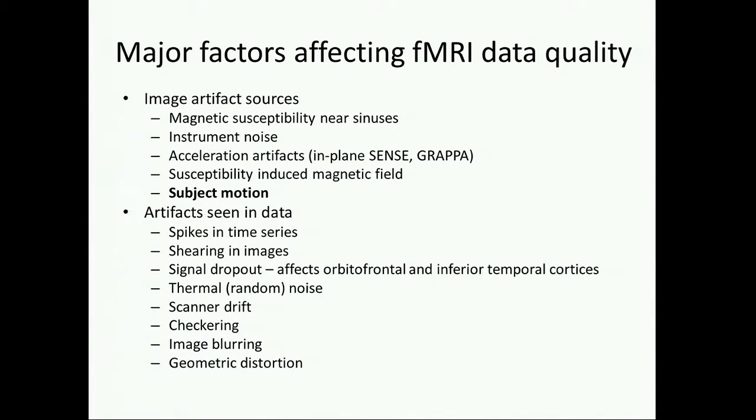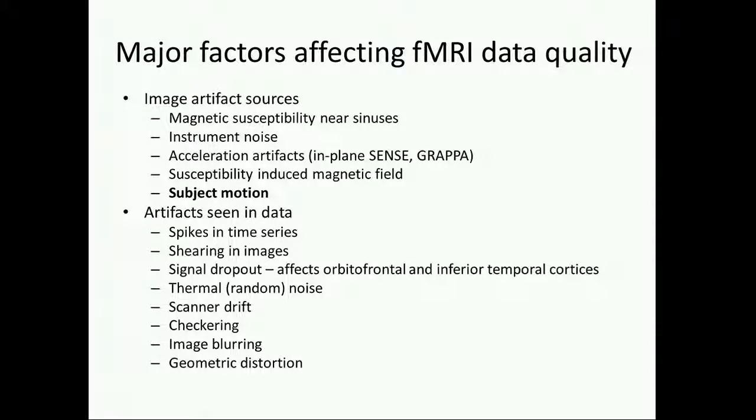One is the effective magnetic susceptibility due to an air sinus, kind of a tissue-air boundary. Instrumental error: basically there's some noise generation in the equipment itself. Acceleration: artifacts due to a mode that the sequence is running in, for example, with high acceleration.